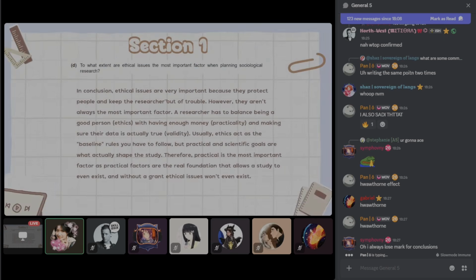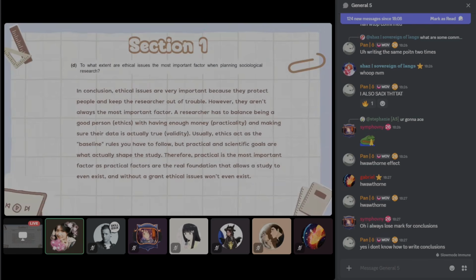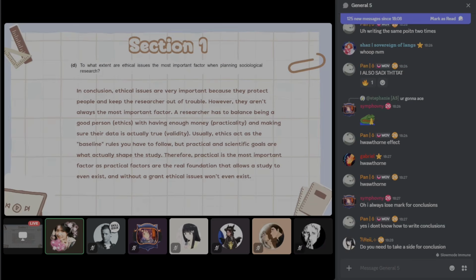So, in conclusion, ethical issues are very important because they protect people and keep the researcher out of trouble. However, they aren't always the most important factor. A researcher has to balance being a good person, ethics, with having enough money, practicality, and making sure their data is actually true, which is validity. Usually, ethics act as the baseline rules that you have to follow, but practical and scientific goals are what actually shape the study.